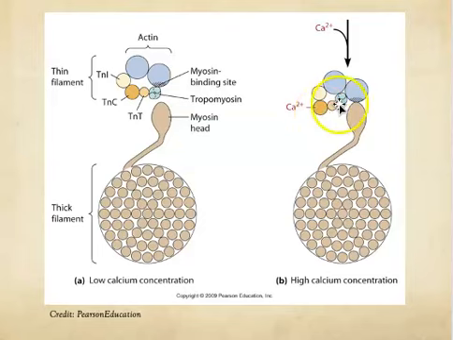That shape change is going to pull on the tropomyosin and pull it away from the binding site. Notice it literally shifts it into the groove. It used to sit near the groove on top of the binding site, and now it's been pushed over into the groove, or pulled over into the groove might be better, and it has opened up the binding site. As long as there's ATP around, cross bridges are going to start to form and break, and contraction is going to occur.